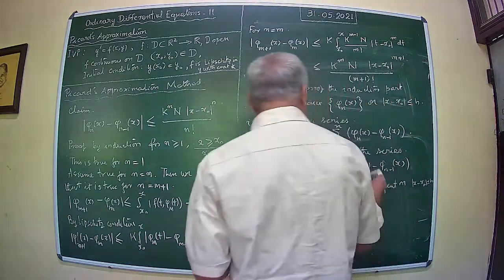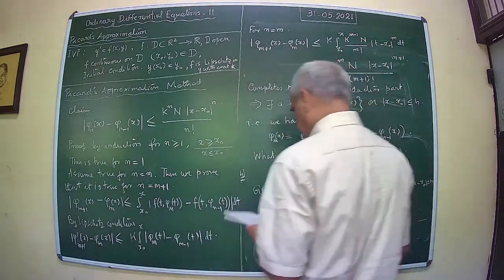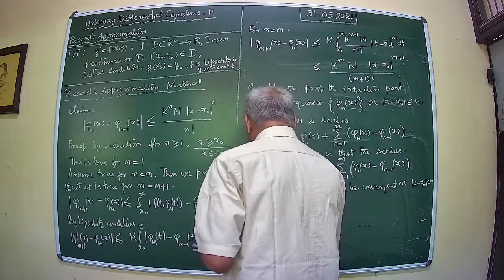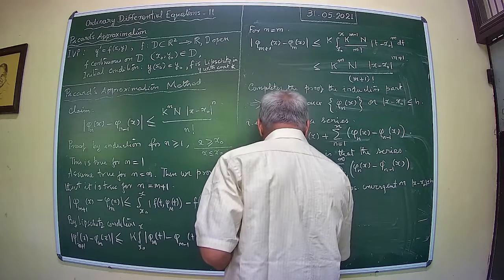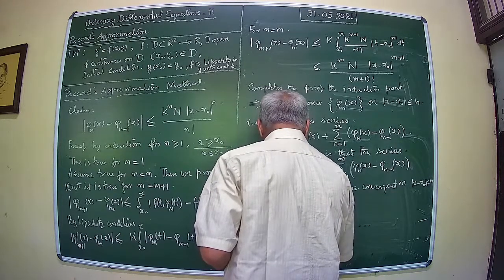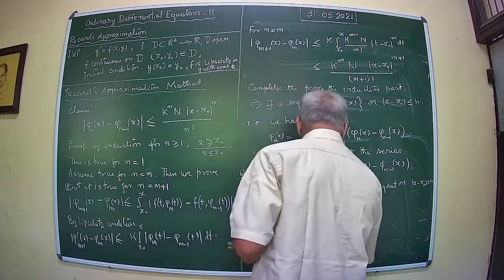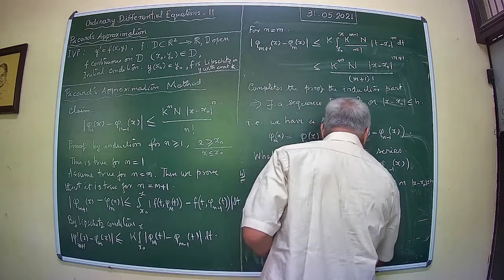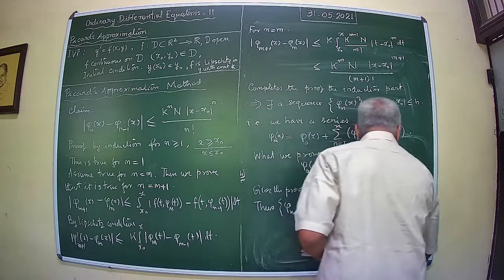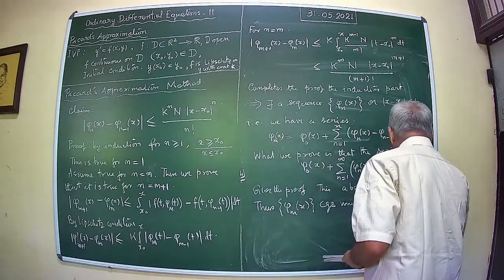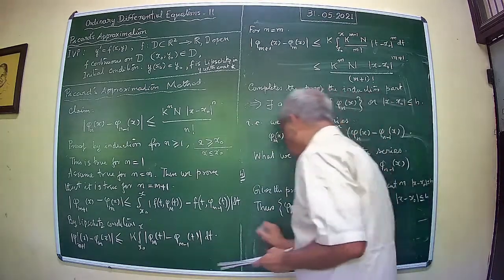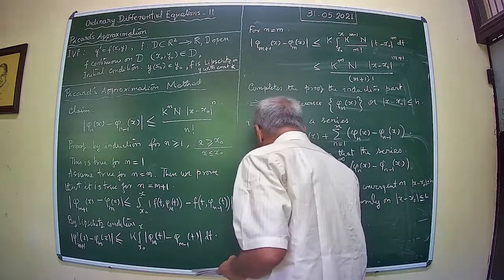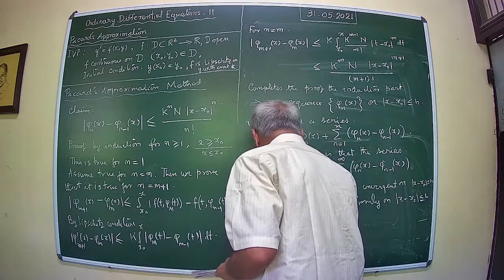So this is uniform convergence of phi n to phi x.